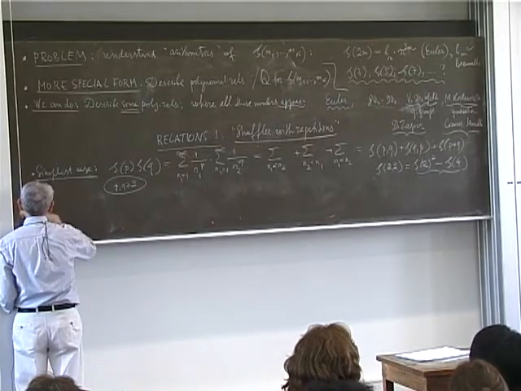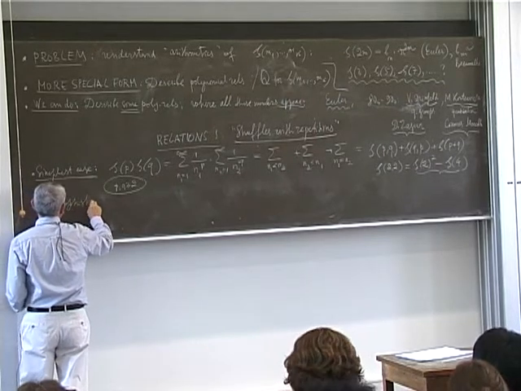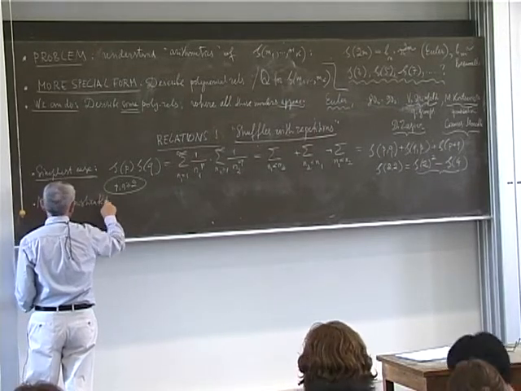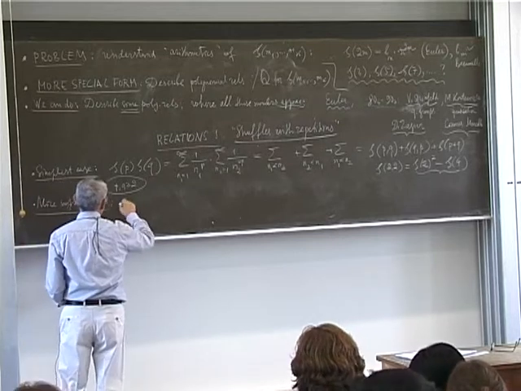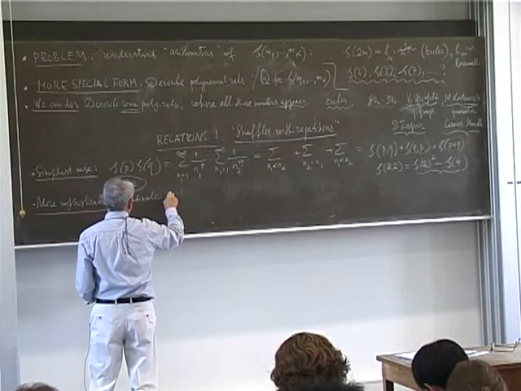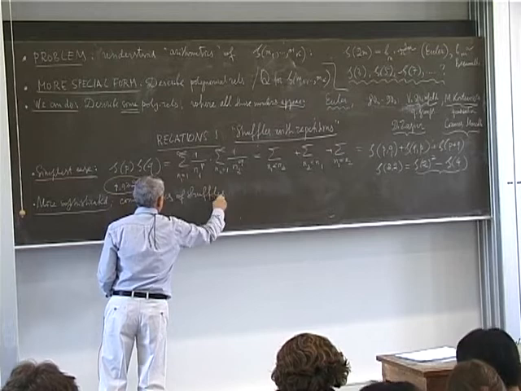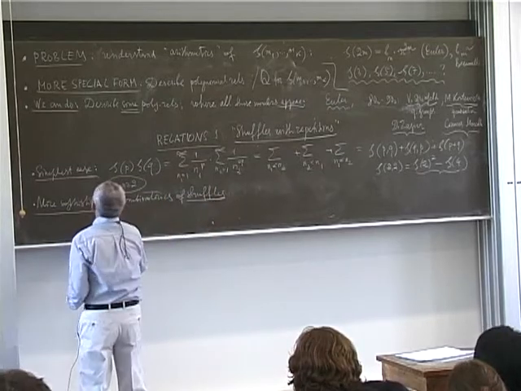Now, a somewhat more sophisticated case, but if there is anything more sophisticated, it's pure combinatorics. And it involves the combinatorics of shuffles. And what kind of shuffles do you get here?